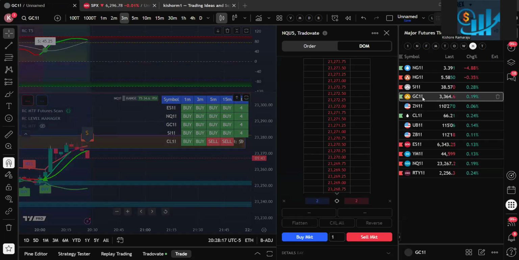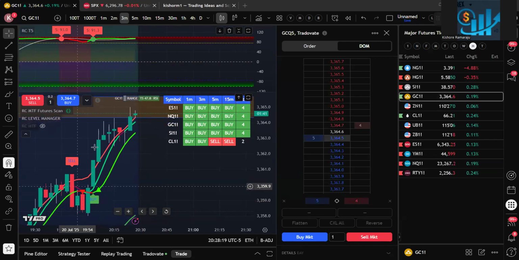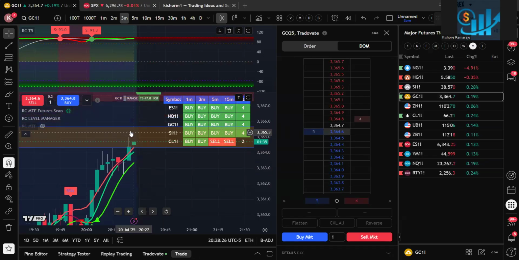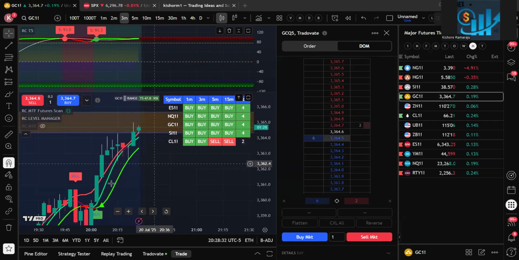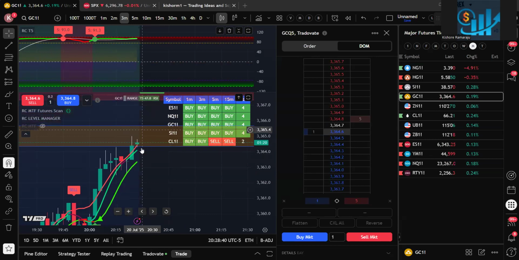That's why with GC also, we took profits, because we got a buy signal somewhere here at 59. Now it is already at 65. Yeah, there is a possibility it may go to 68, but it is a little risky because it already made such a big move. It went up, did a pullback, and then started. Because we got a pullback candle, we entered.